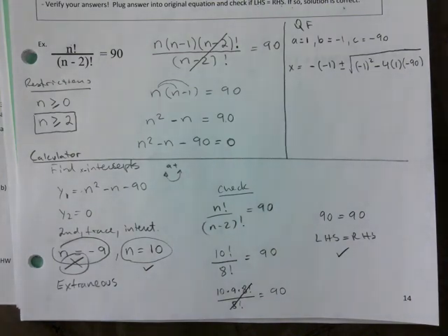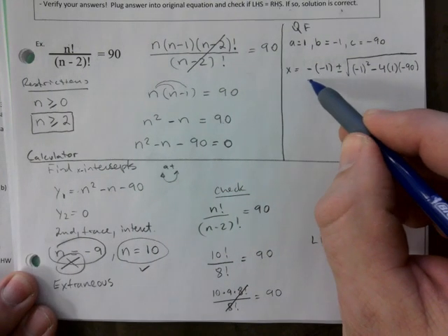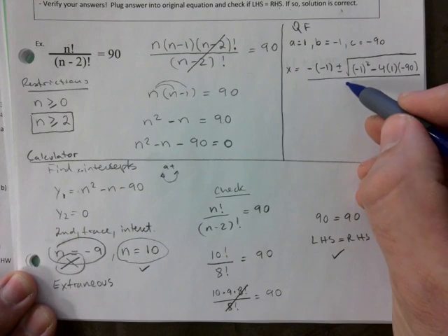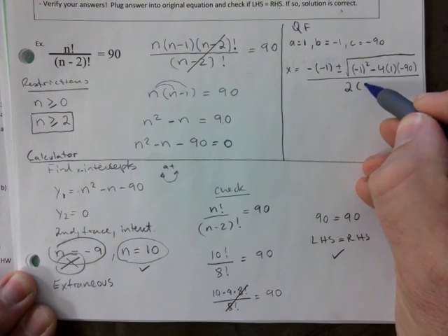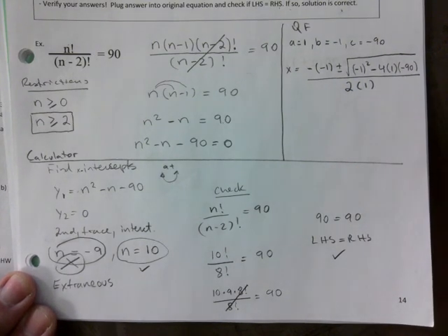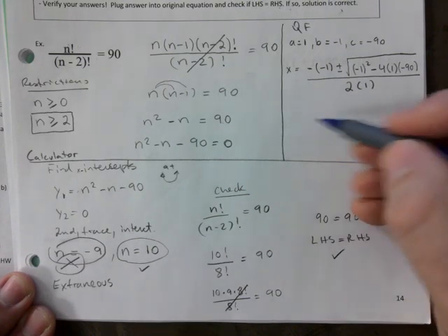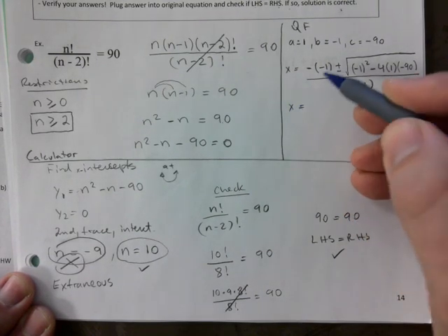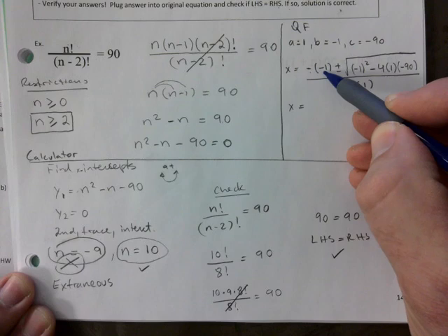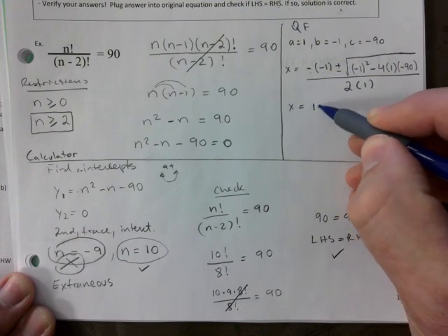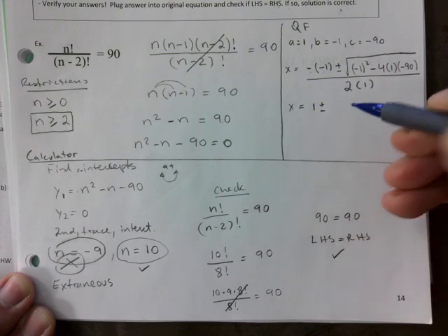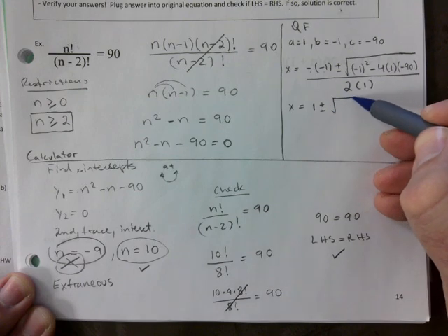Can you see that? I hope you can see that. Over 2 times A, and A happens to be 1. What's negative times a negative? That's just +1, right? Plus or minus square root.